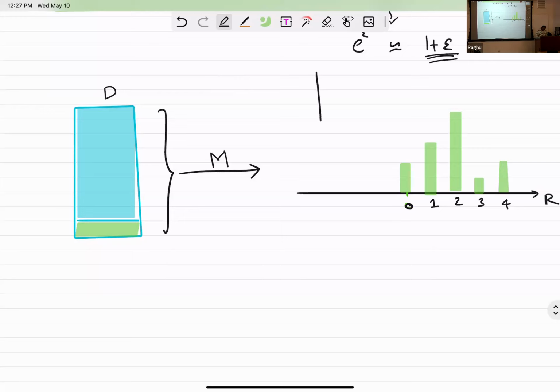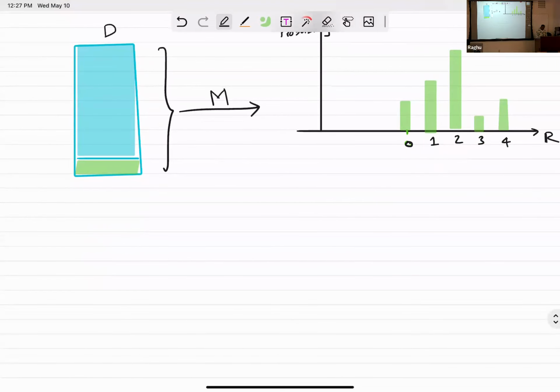This is the probability of seeing each particular answer. And what do you want?